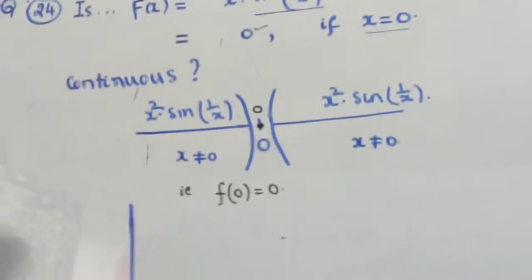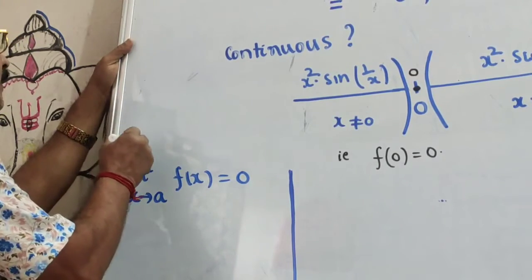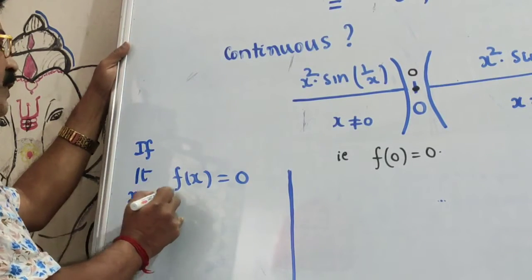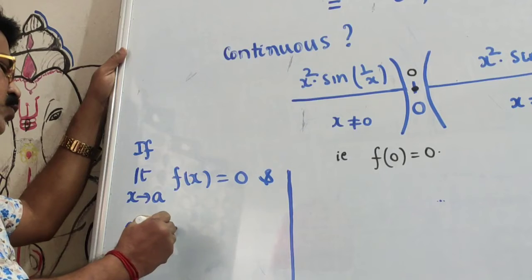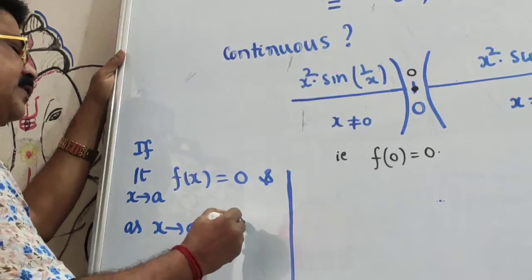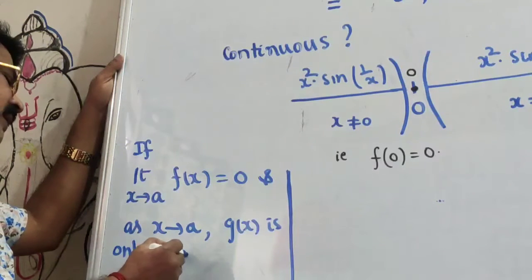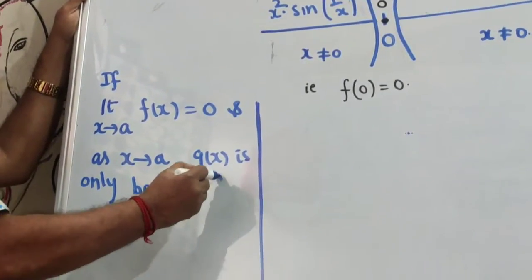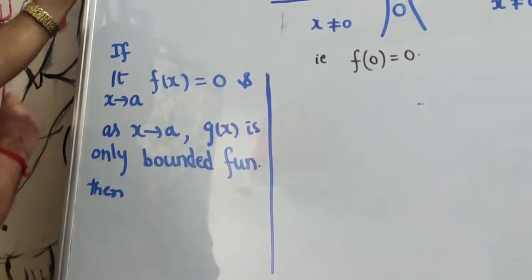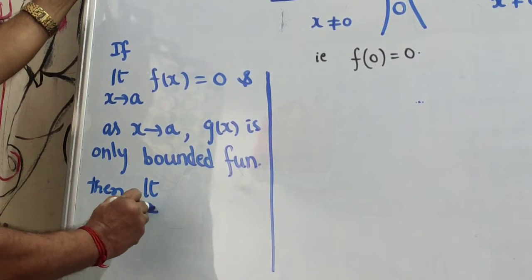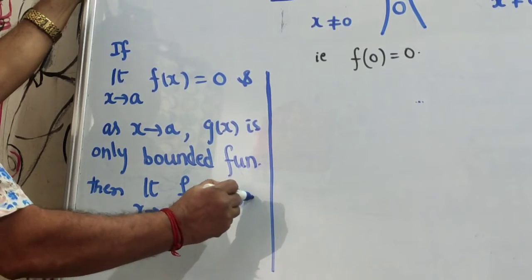If limit x tends to a, f of x equal to 0, and as x tends to a, g of x is only a bounded function, then limit x tends to a, f of x into g of x equal to 0.